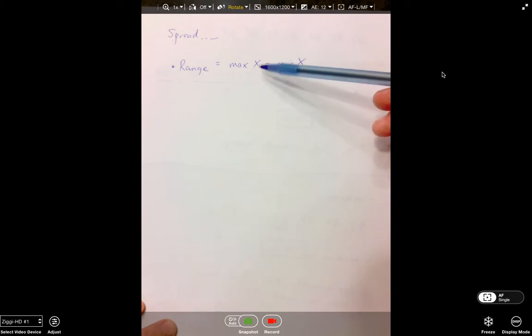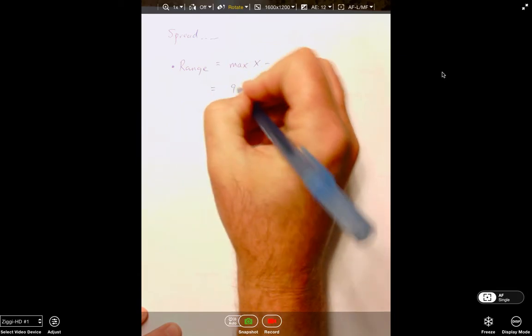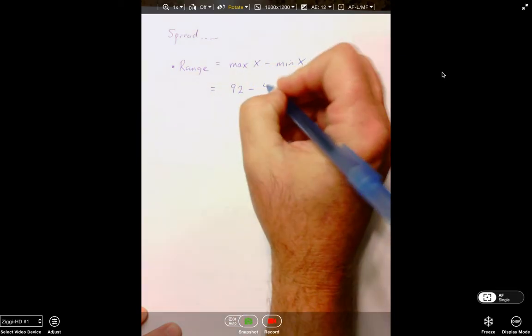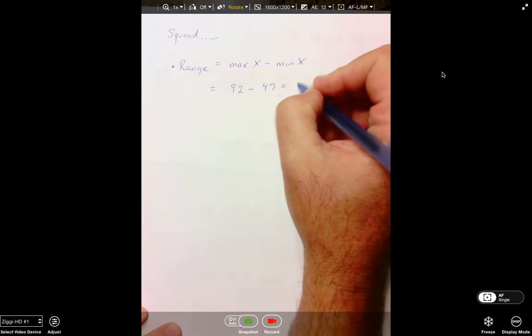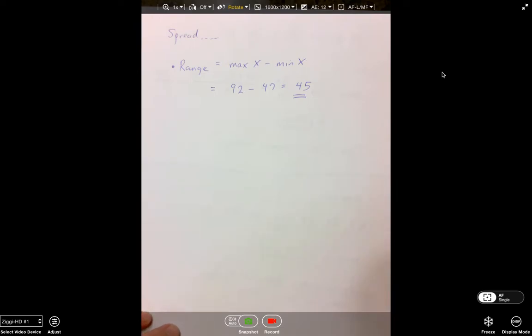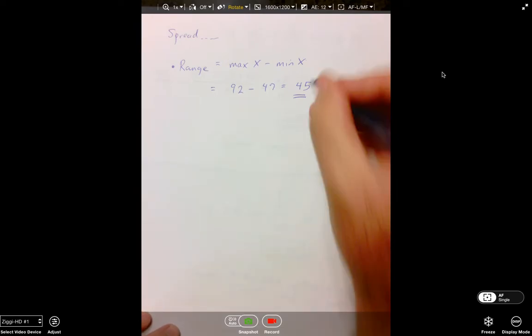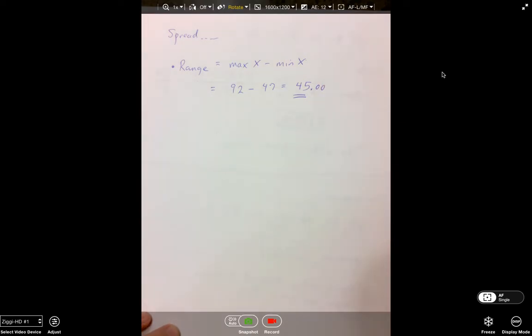This just says the maximum of our data set minus the minimum of our data set. We saw that the maximum value was 92 and the minimum value was 47. So if my mental arithmetic is correct, our range would be 45. Rounding to two places, it'd be 45.00.